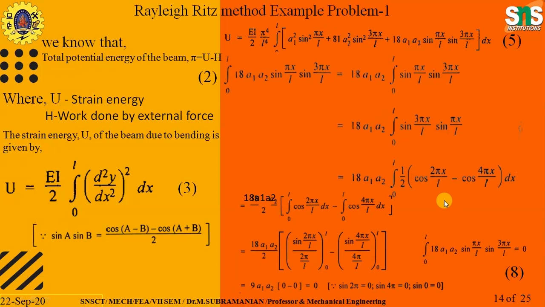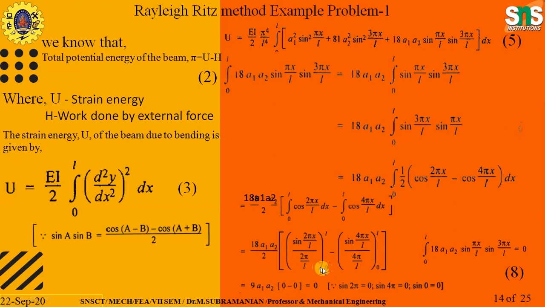So finally I get the simplified equation: 2 a1 a2 divided by 2 times the integration from 0 to L of cos(2 pi x divided by L) dx minus the integration from 0 to L of cos(4 pi x divided by L) dx.